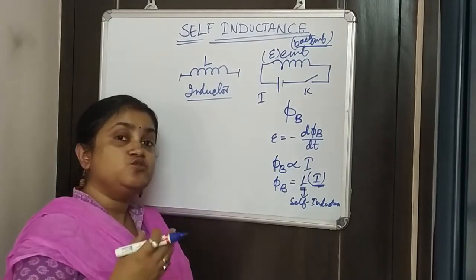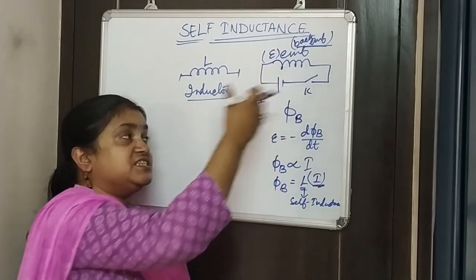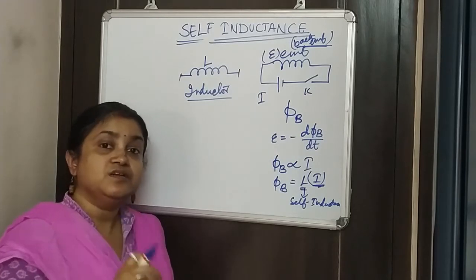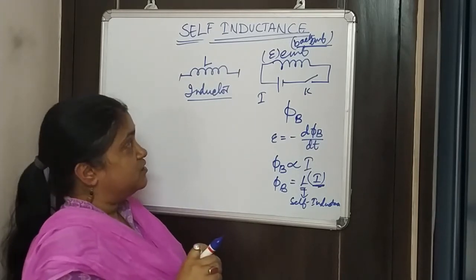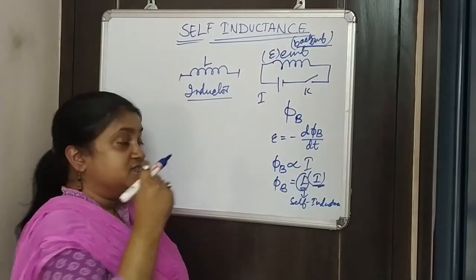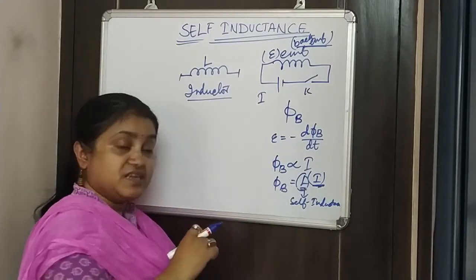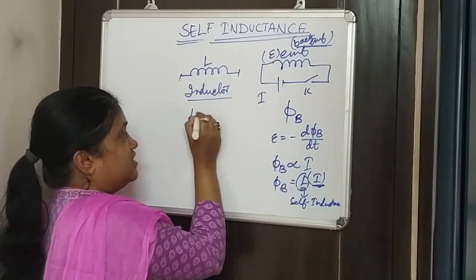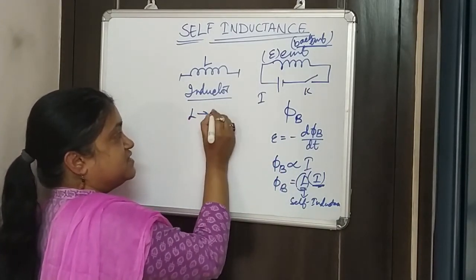They try to stop any kind of change that occurs in the current in that particular circuit. So every inductor is certified with a particular inductance, named L. The SI unit of inductance is Henry.